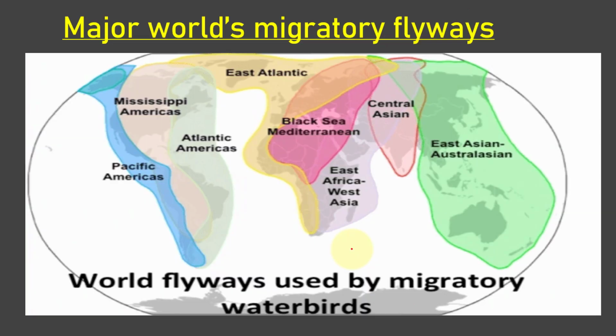So moving on further. Friend, as you can see, the major words are migratory flyways. Here you can see Mississippi Americas, Pacific Americas, Atlantic Americas, East Atlantic, Black Sea, Mediterranean, East Africa, West Asia, East Asian, Australasian.